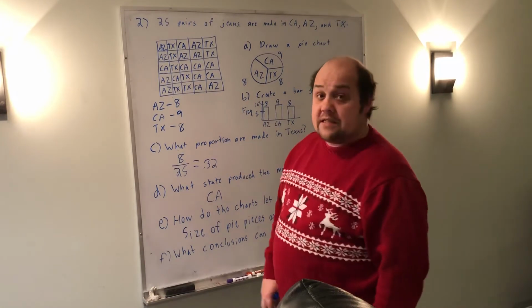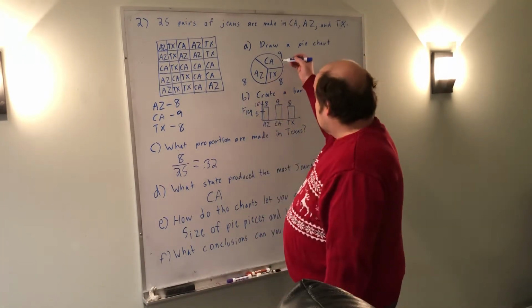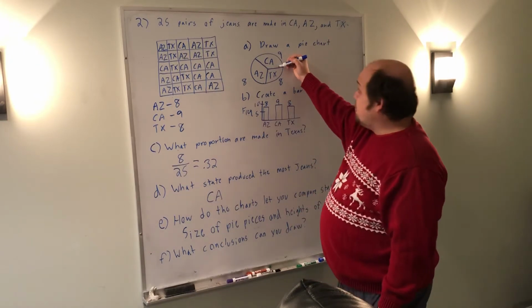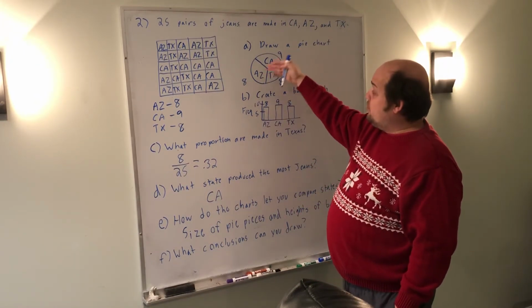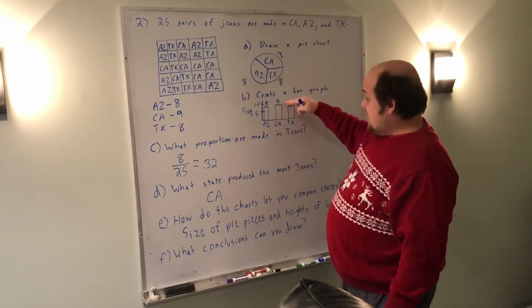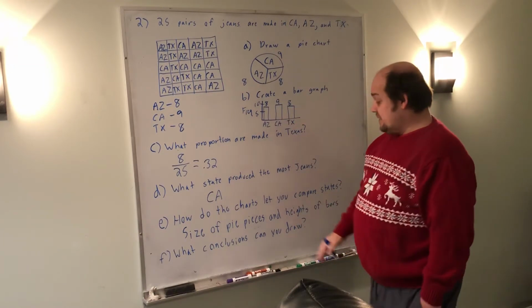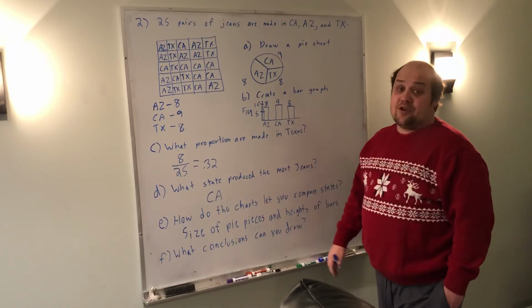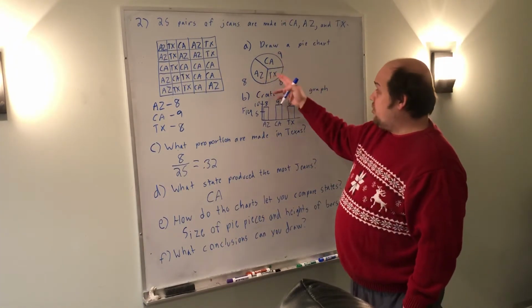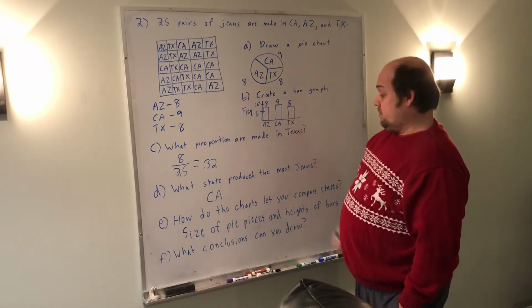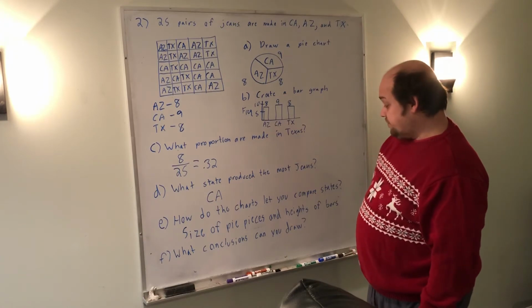The pie pieces that are larger, hopefully CA looks slightly larger, tells us that they're producing more jeans than the other two states. The bar that's slightly higher tells us they're producing more jeans than the other two states. So it's the size of the pie pieces when we're talking about the pie chart. It's the heights of the bars when we're talking about a bar graph.